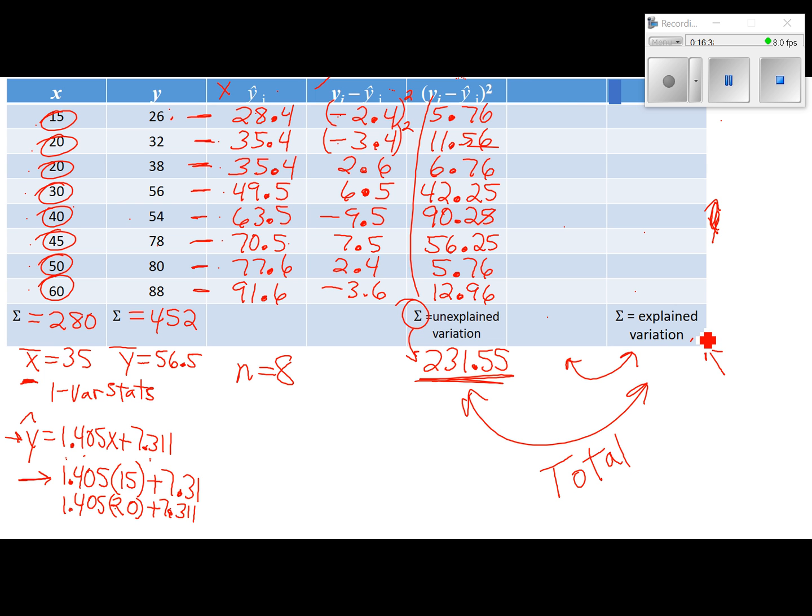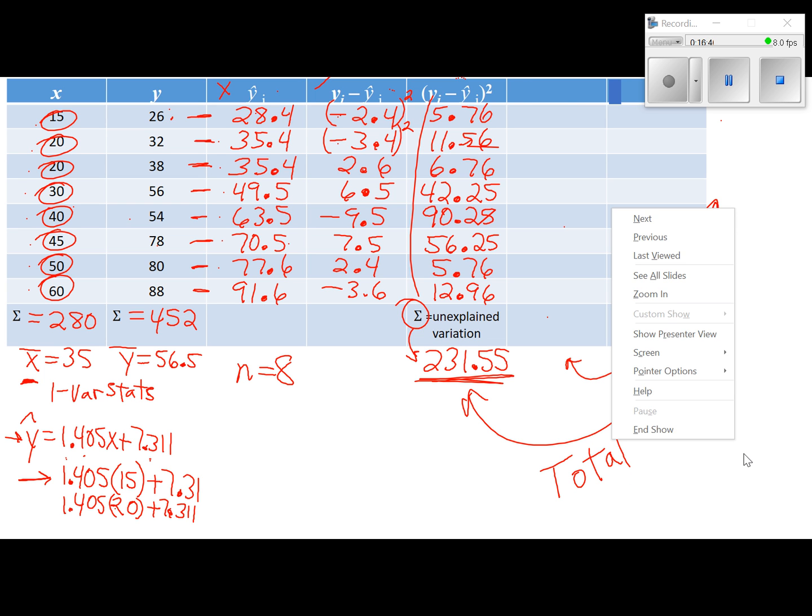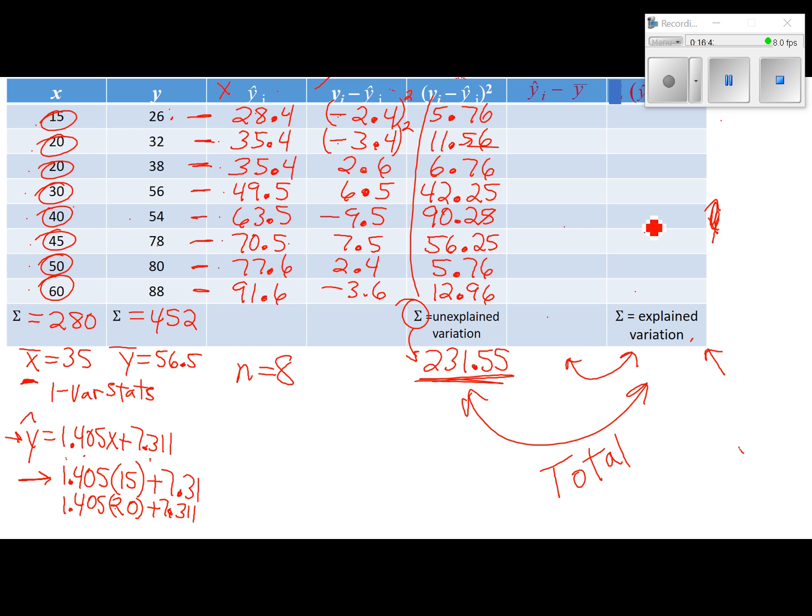Remember that this last column right here is just the next to last column squared. So it's just got all that in parentheses and it's squared. But all we do for this column, we're taking y hat, which we just found right here.